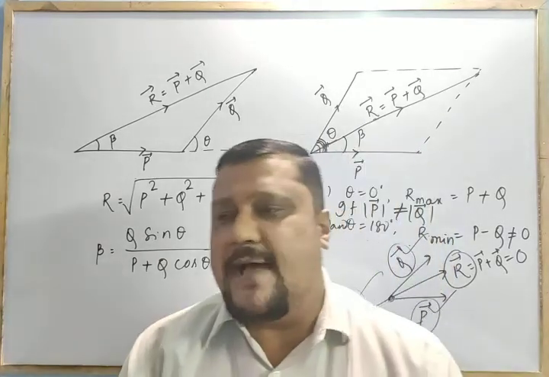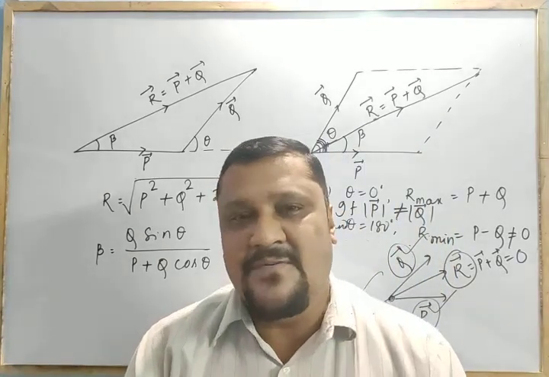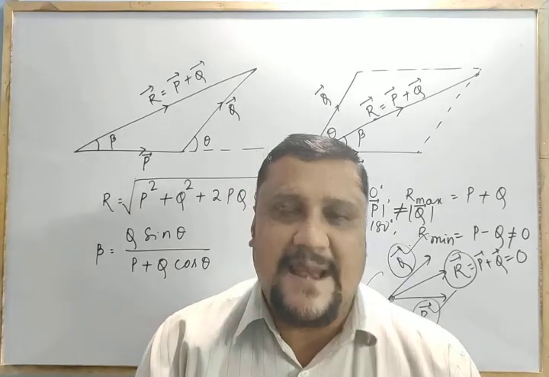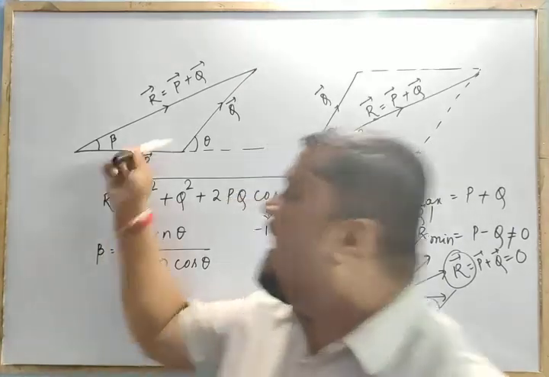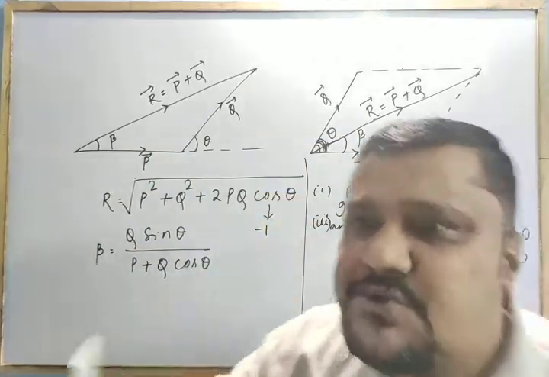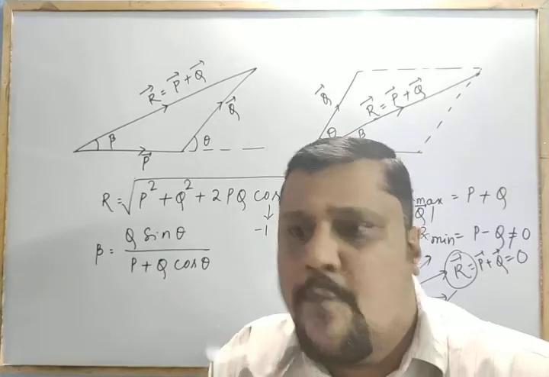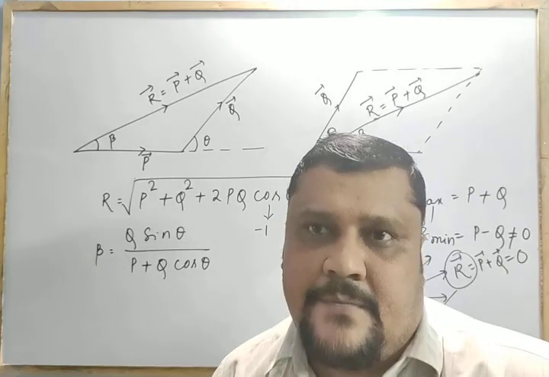So this is the total concept of the triangle and parallelogram law. Now we will go for the third law of vector addition, the polygon law of vector addition. Remember, the triangle law and parallelogram law are used to find the resultant of 2 vectors acting on a body.